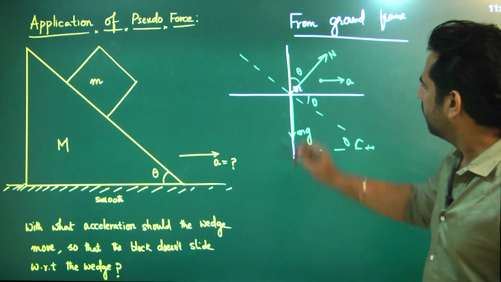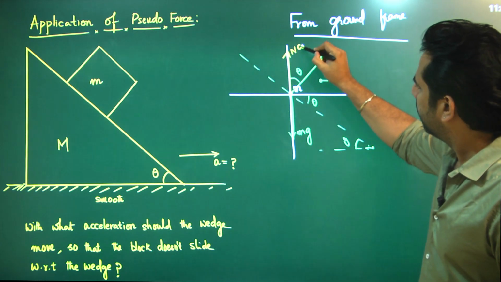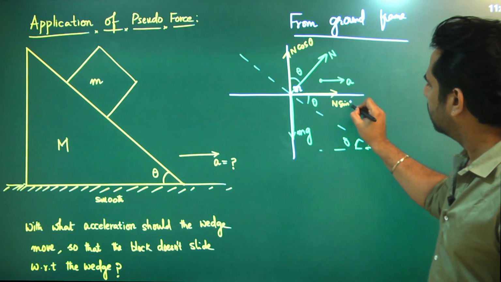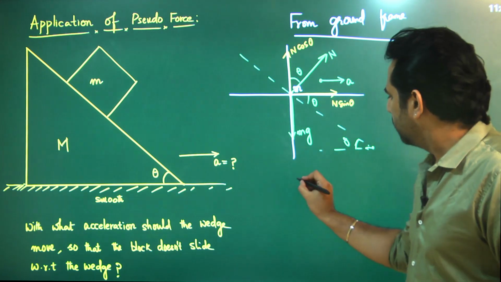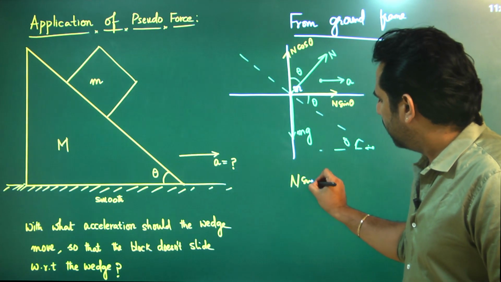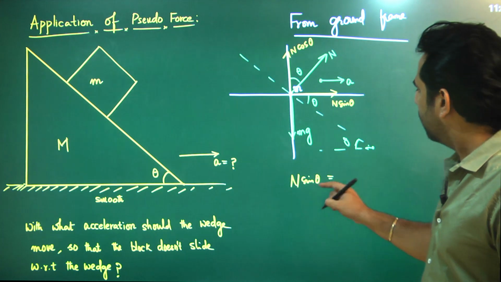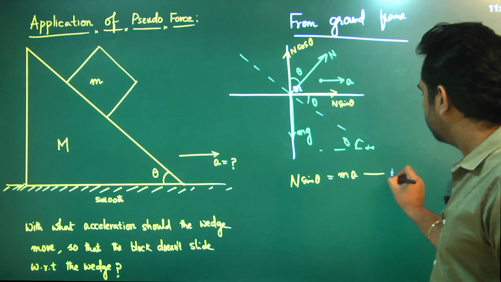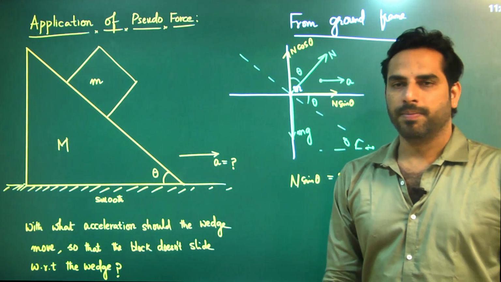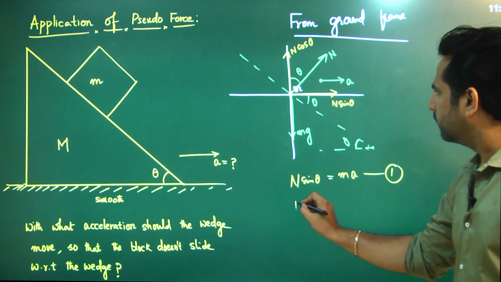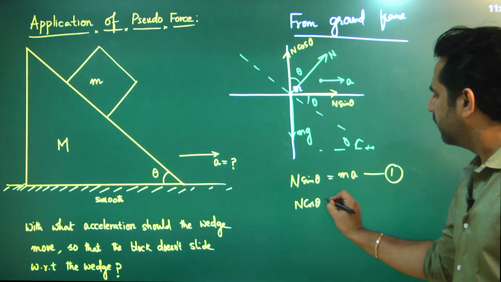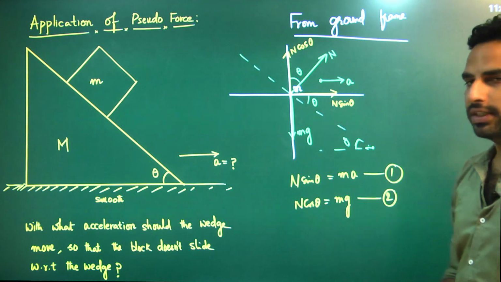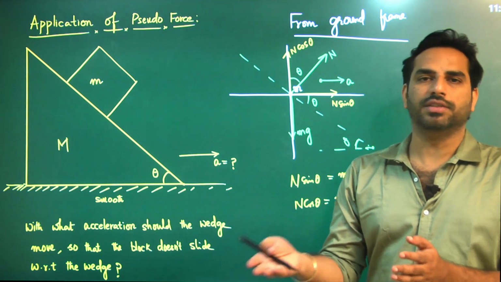This gives N cos theta in the vertical direction and N sin theta in the horizontal direction. In the horizontal direction, the net force on the block is N sin theta, which gives it acceleration a. Net force is mass into acceleration by Newton's second law, so N sin theta equals ma. This is the first equation. In the vertical direction, the block is in equilibrium, so N cos theta is balancing mg, or N cos theta minus mg is 0.